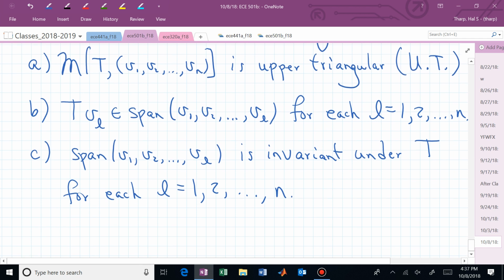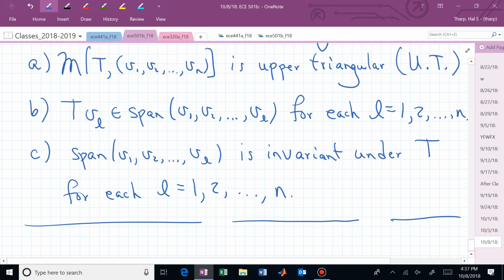So that says that you give me V1, the first basis vector, then that's going to be an invariant direction. You give me the first two basis vectors, then those two are going to contain any output from T operating on the span of any vector from V1, V2, etc.